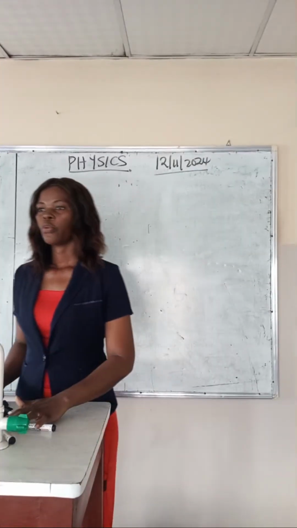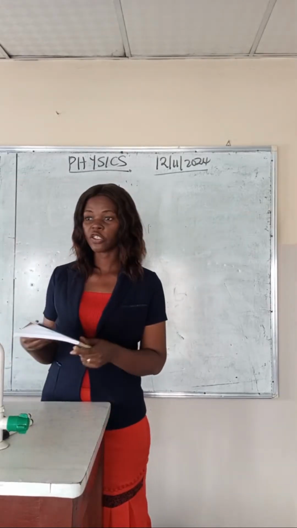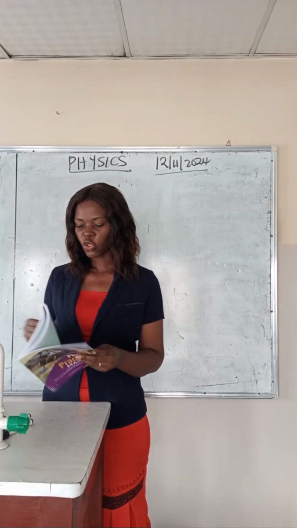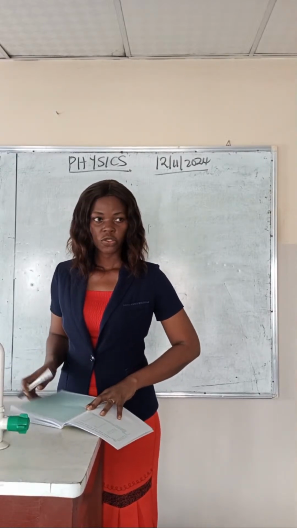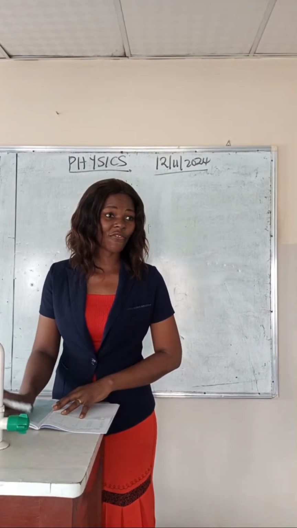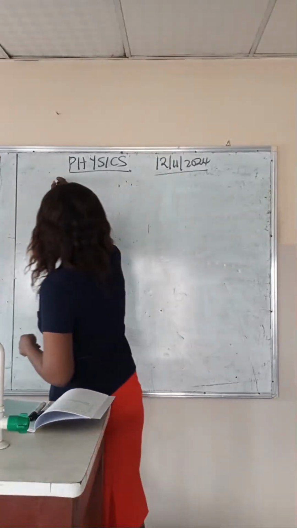All right. We all have graph writing materials and the rest. Yes. I'm going to teach you how to plot a graph. Today, what I'm going to do is physics graph plotting.